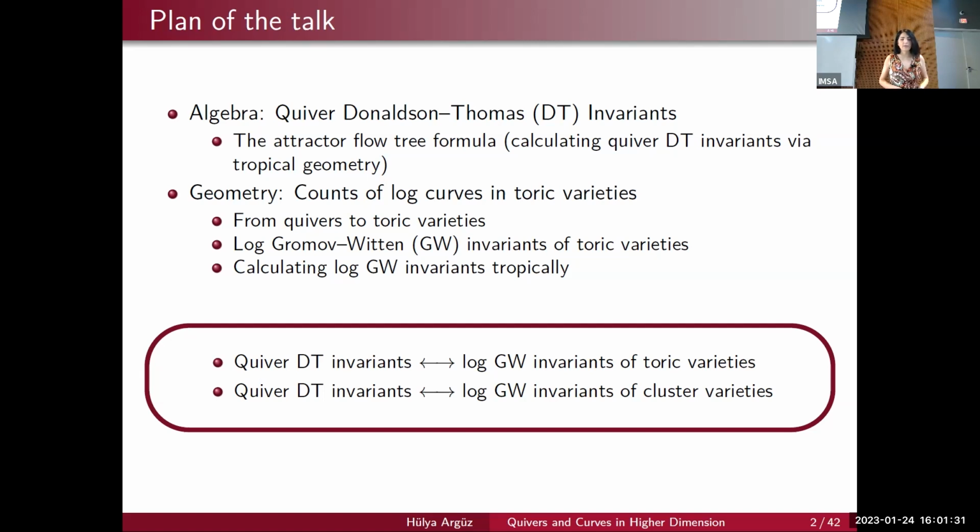And at the very end, I will also tell a correspondence between quiver DT invariants and log Gromov-Witten invariants of cluster varieties. The first part, on toric varieties, will be on arXiv next week, and the second part, with cluster varieties, will come out soon.